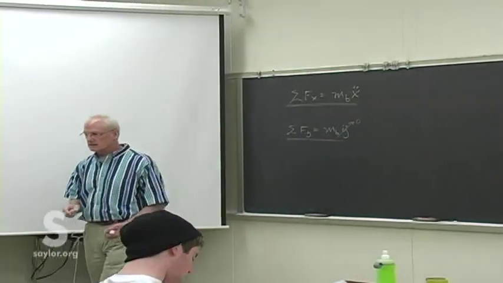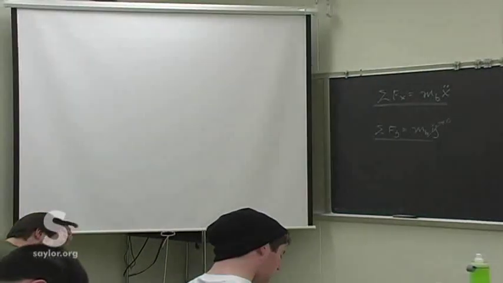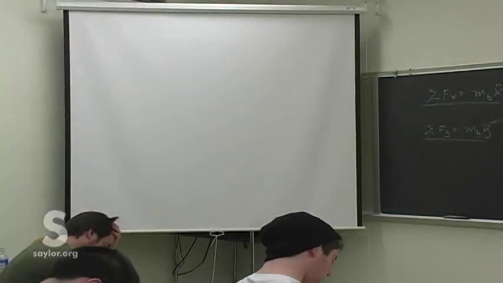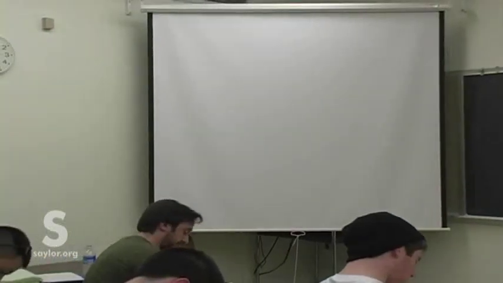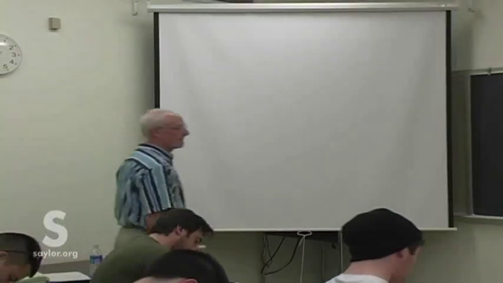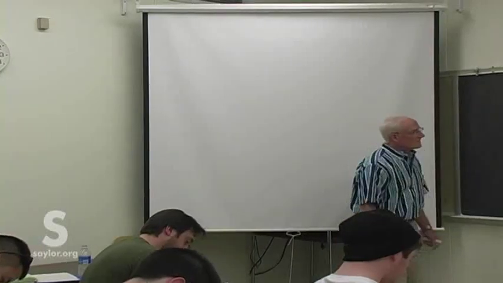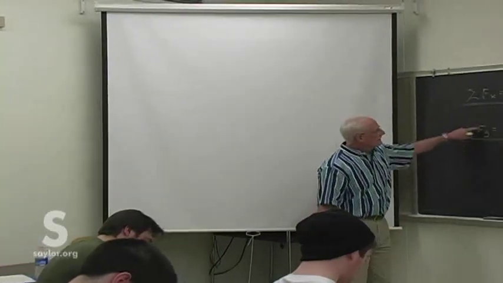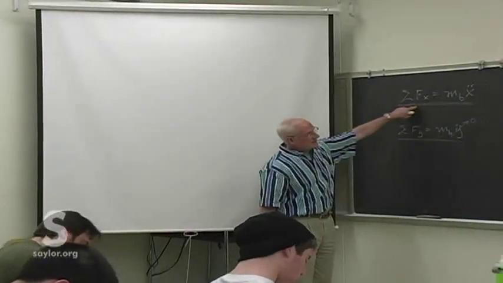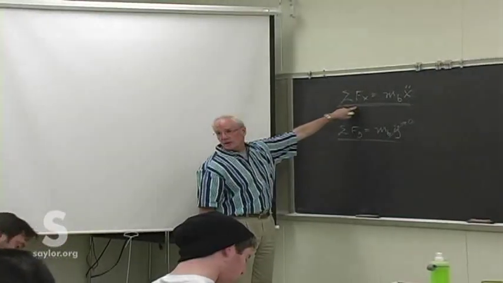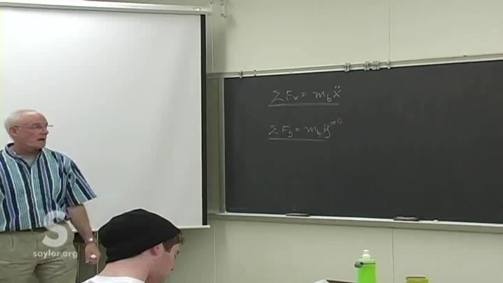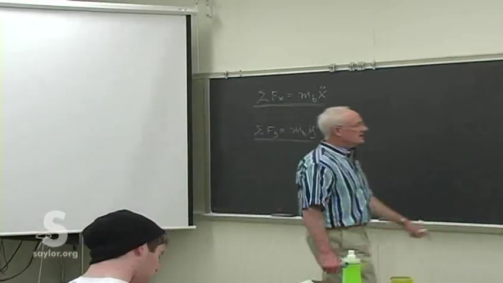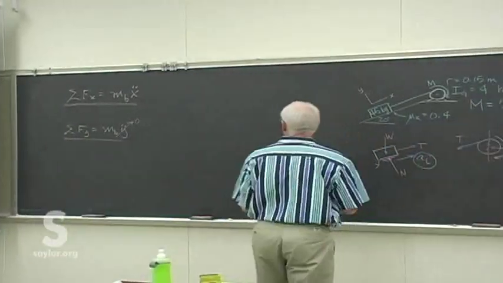But it is in a static balance in the y direction. So a dynamic balance in the x direction, but not in the y direction. So that'll give us N, which will give us F. So we'll have two unknowns, the tension in the line and the acceleration of the block. And then the tension in the line we can solve with the third equation.